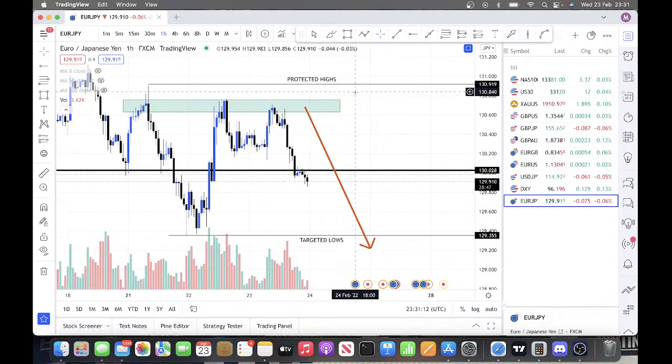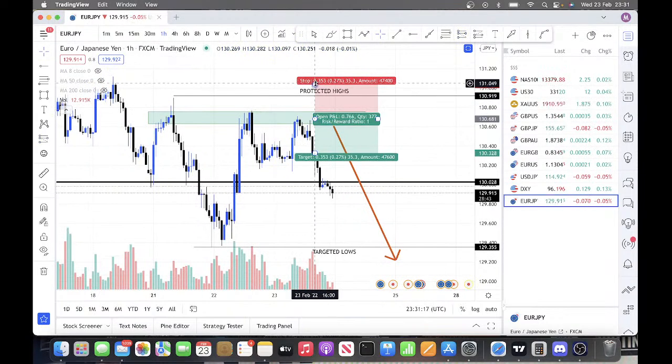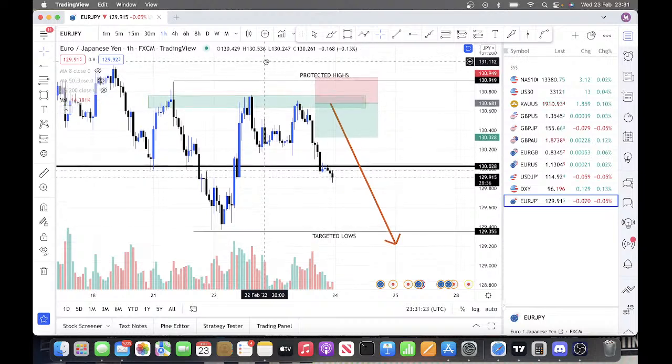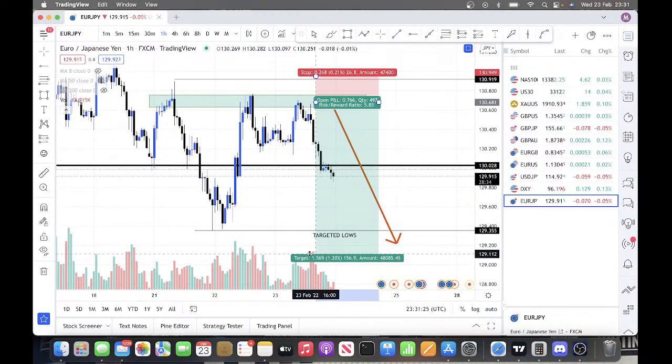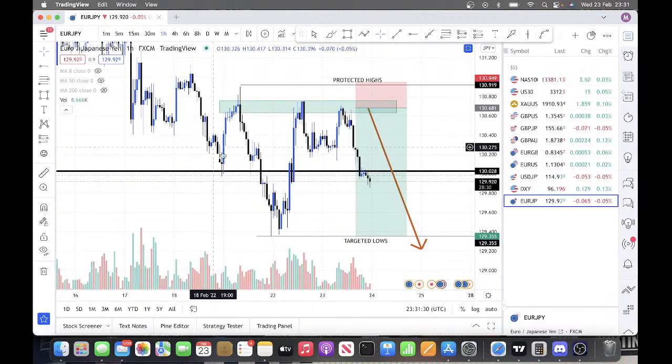So even if, as I've said in another video, the chance of price coming up here and breaking this is a lot slimmer than price coming down and breaking this area, because we're in a downtrend. We're creating our lower highs, our lower lows all the way down.